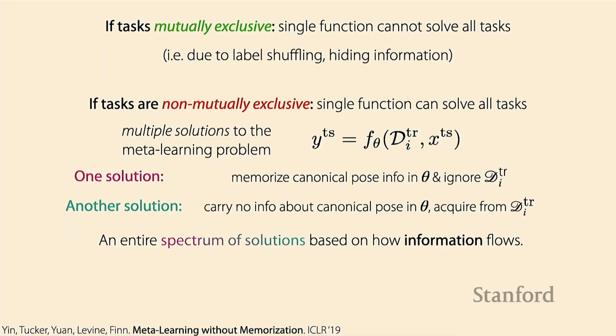I guess the other thing that I'll mention is that in general, I see this solution happen more than this solution. I think that's because acquiring information from the training set can be an imperfect process. You actually have to acquire it from a more complex object. As a result, oftentimes you can get a slightly lower meta-training error with this solution than with this solution.